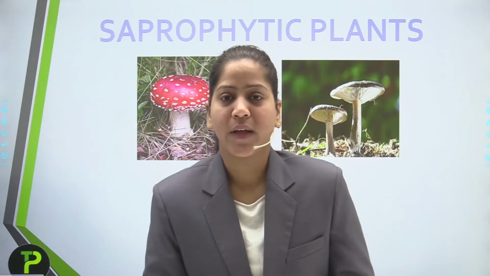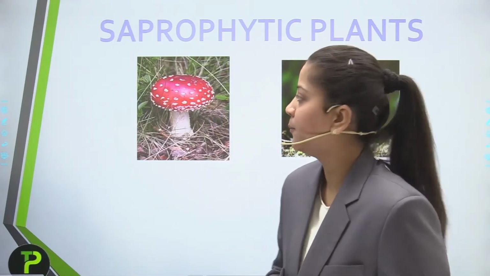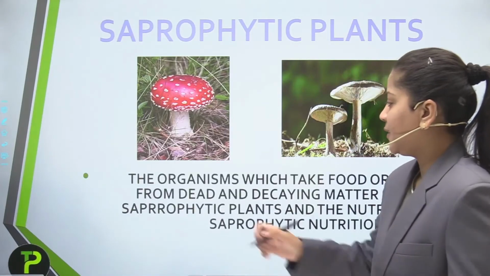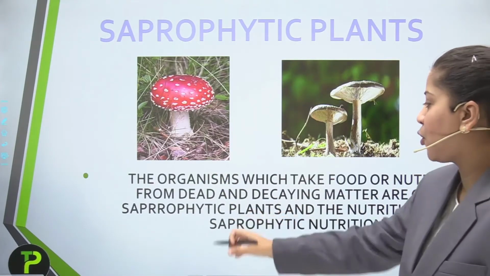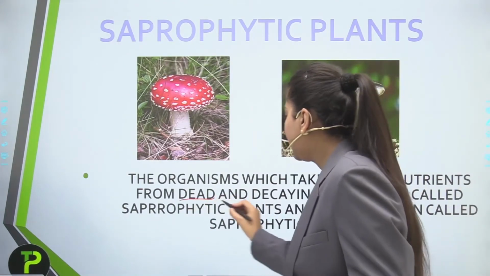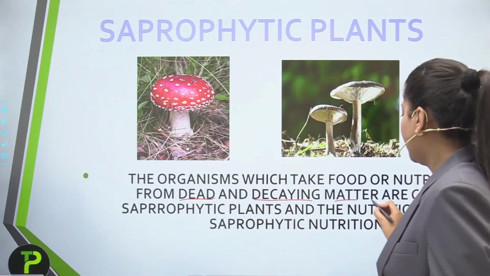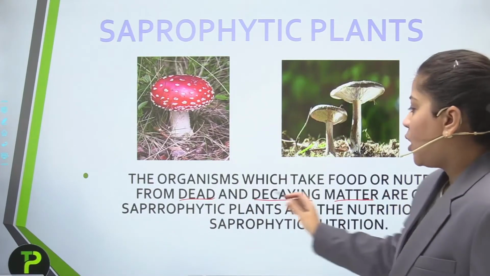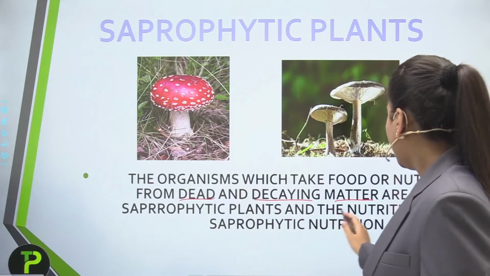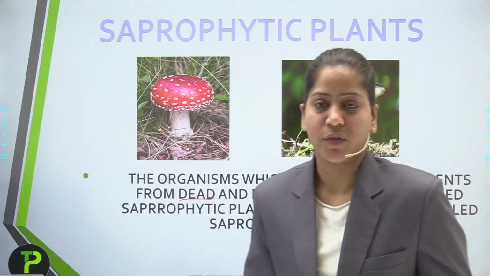Then these organisms suck their nutrients. Now the first point is the organisms which take food or nutrients from dead or decaying matter, it may be animal or it may be plant, are called saprophytic plants, and the nutrition is called saprophytic nutrition, which is obvious.